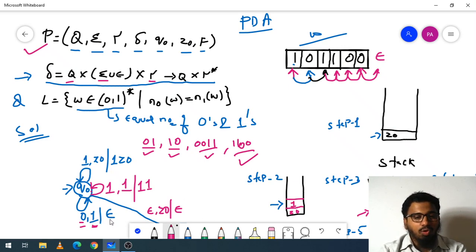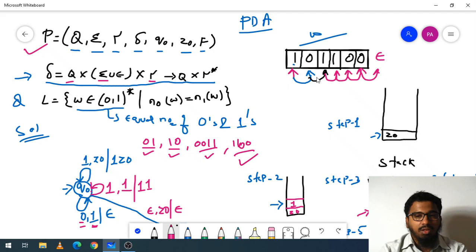Why are we getting epsilon? Because we have to take out what we added. Here I am adding 1 in the stack, so whenever the 0 occurs, at that time we need to correspond to it and pop the data from there. Then we are not performing any operation. Because of that we are writing epsilon.